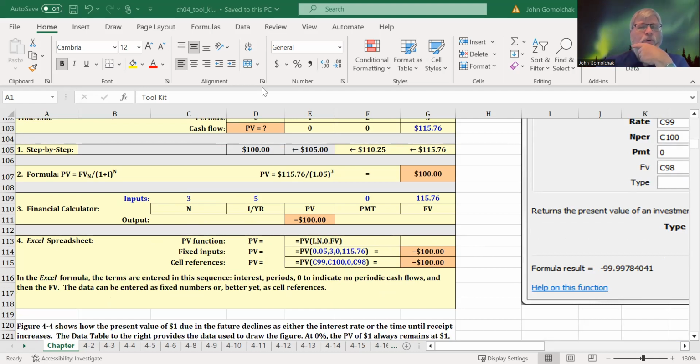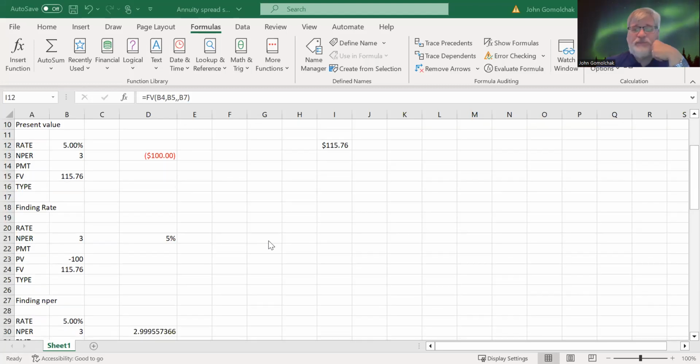Now I'm going to go to my little worksheet that I was playing with. This is just me playing with the worksheet to make sure that I was comfortable with how this all worked.